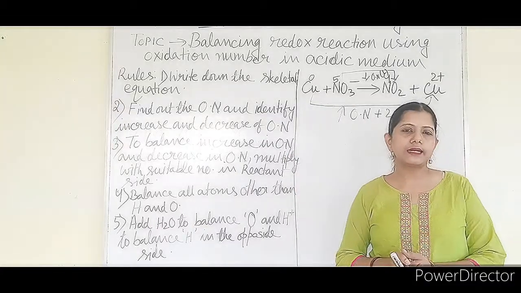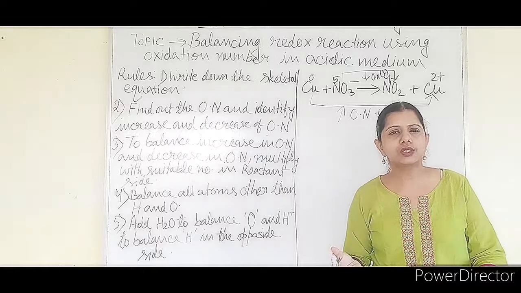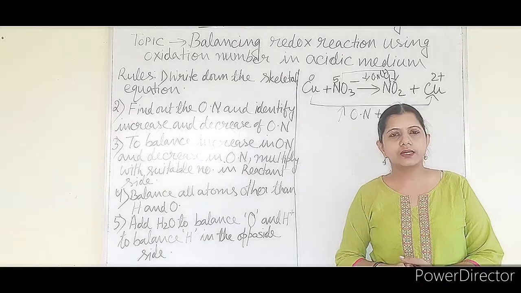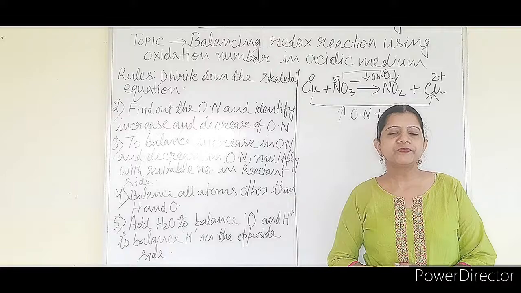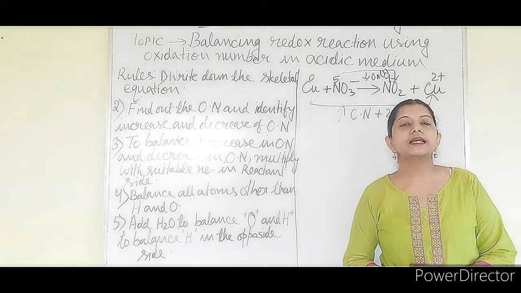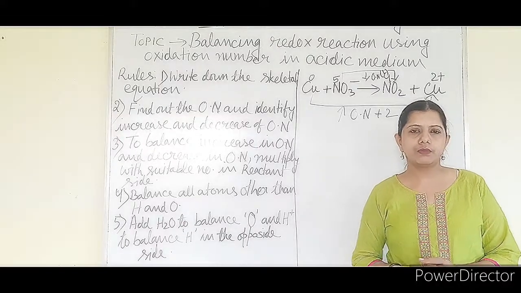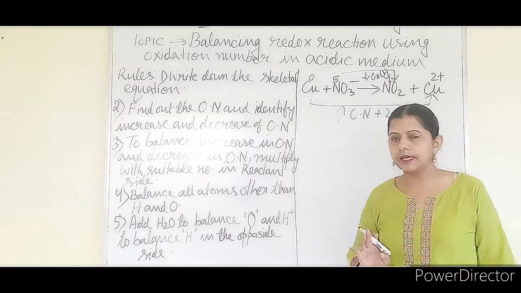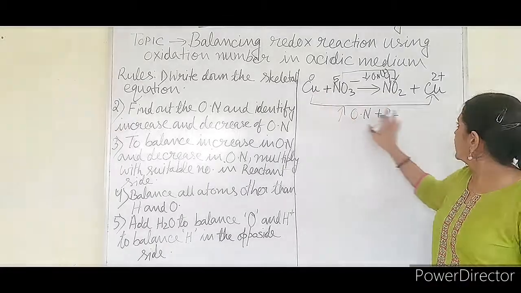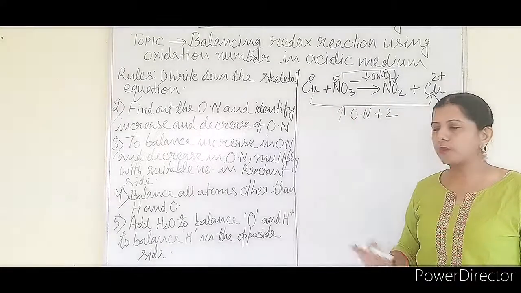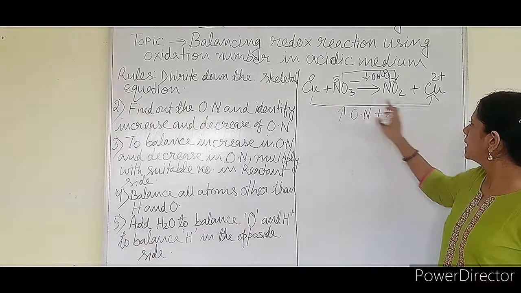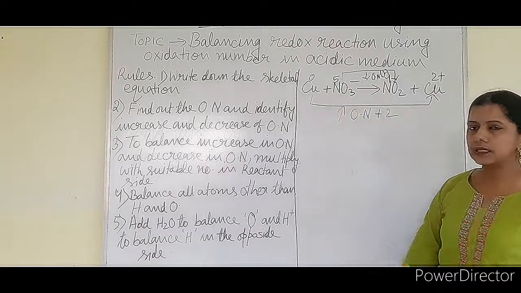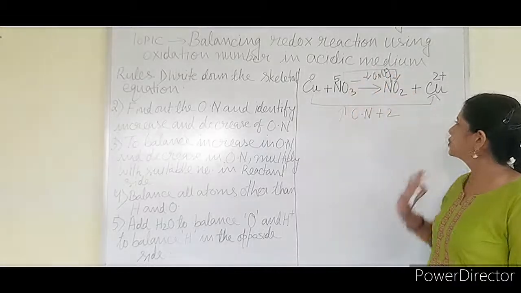The second step is to find out the oxidation number of each atom or ion participating in the chemical reaction, and then to identify the increase or decrease in oxidation number. Up to this I have completed. I found there is an increase in oxidation number of copper from 0 to +2, and nitrogen decreases in oxidation number from 5 to 4.